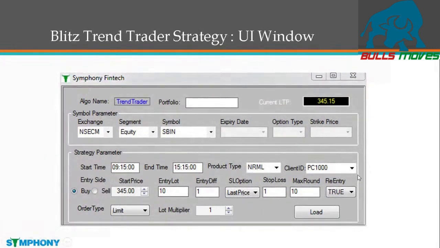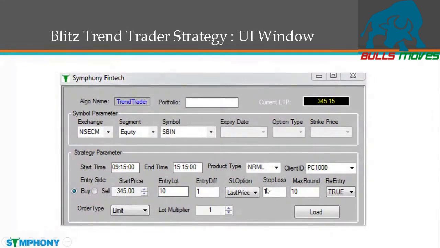And then we have one more feature which is called maximum round. Maximum round means till how many steps you want to execute your trade. So let's say I want to execute a trade till 354: 345 will be my first step, 346 will be my second step, so 354 will be my 10th step.